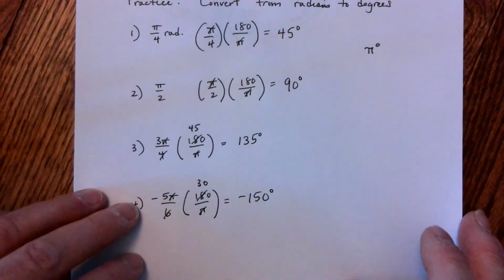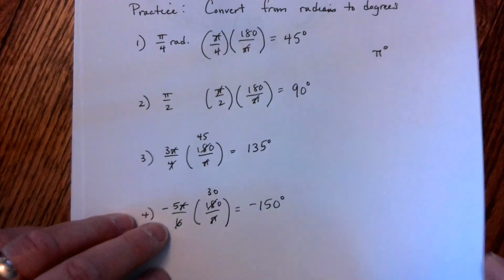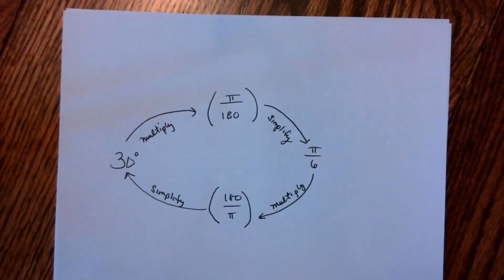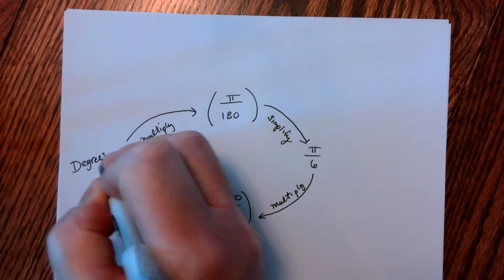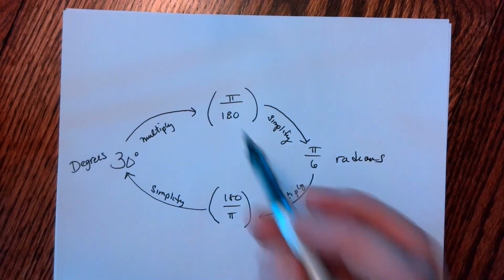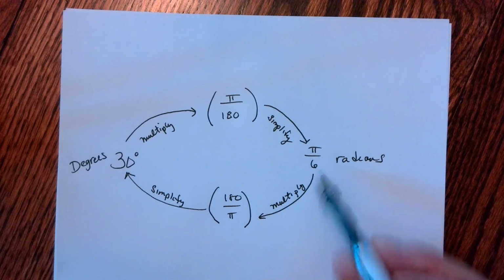So let's just summarize, again, a very short lesson here. Let's just bring everything back and wrap it up. Very simple little wheel here. If I'm going from degrees to radians, I'm going to multiply by pi over 180, simplify, and I'll end up with my answer.